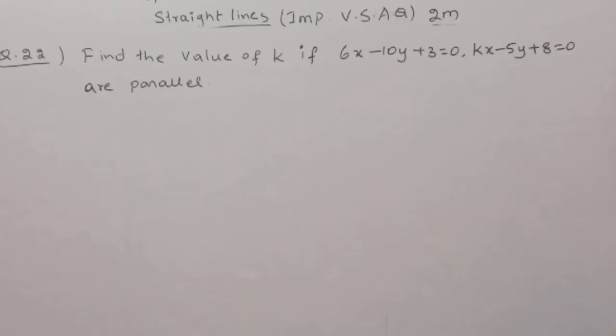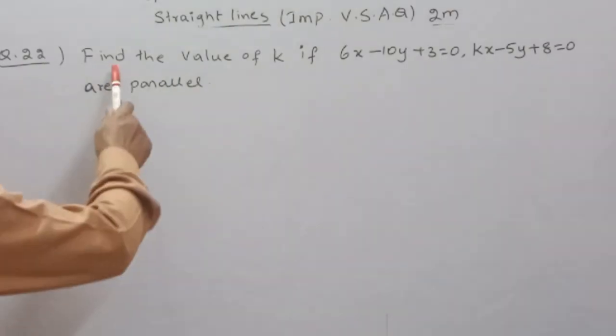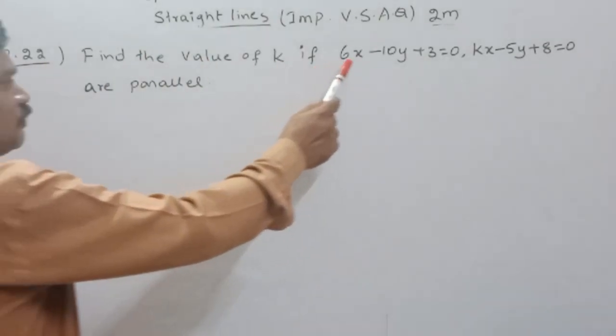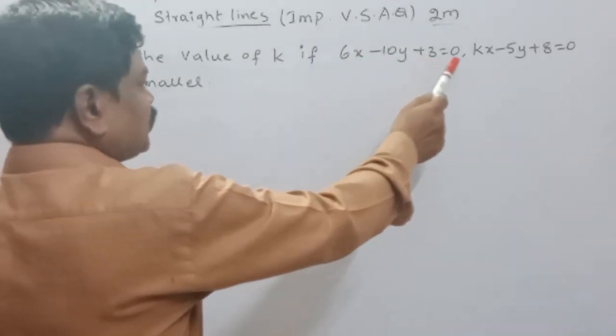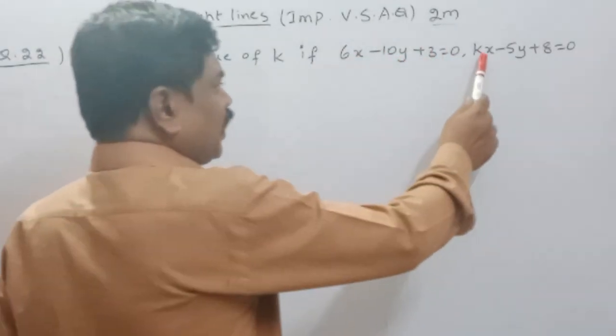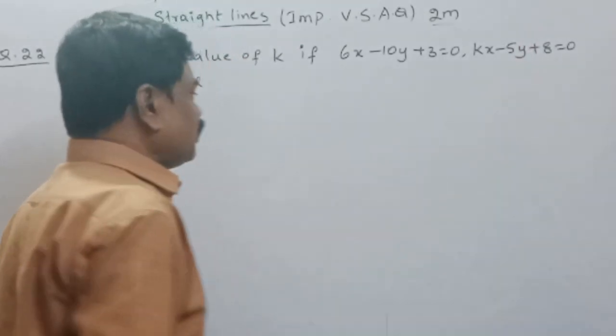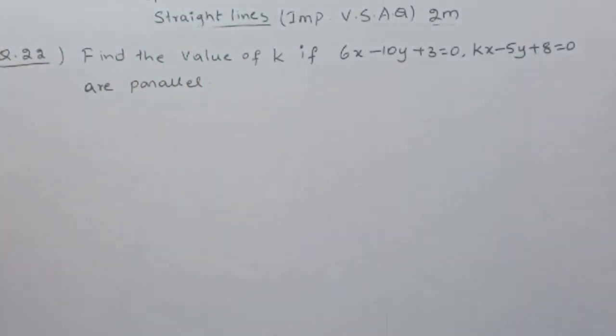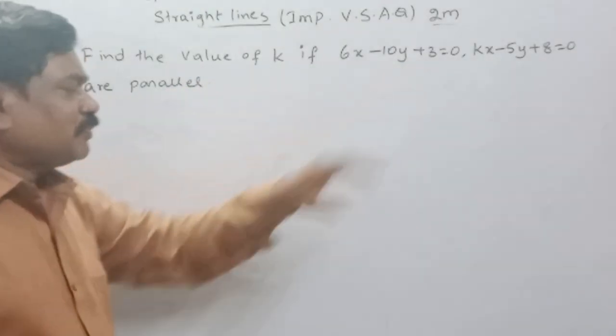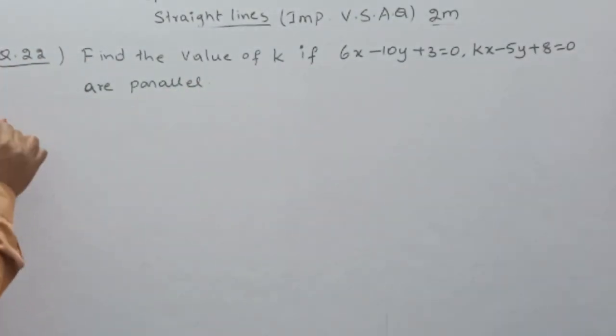One more problem from straight lines. Important, very short answer questions. Find the value of k if 6x minus 10y plus 3 equal to 0 and kx minus 5y plus 8 equal to 0 are parallel. So, two line equations are given.